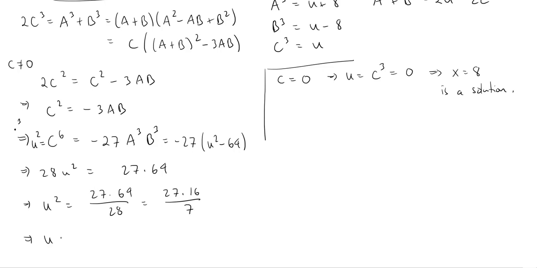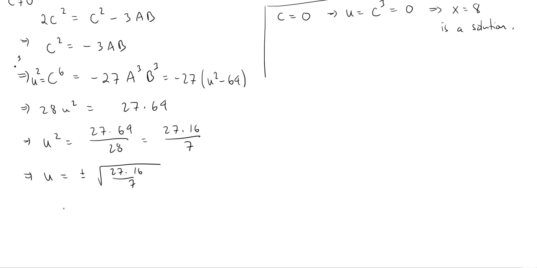And now u is going to be plus or minus the square root of 27 times 16 over 7. And we can simplify that a little bit. Let's see, 27 is 9 times 3. 9 is a square. And 16 is a square, yeah? So if I pull out the 9 from the square root, I get a 3. If I pull out the 16, that gives me a 4. 3 times 4 is 12. And then I'm left with root 3 over 7.